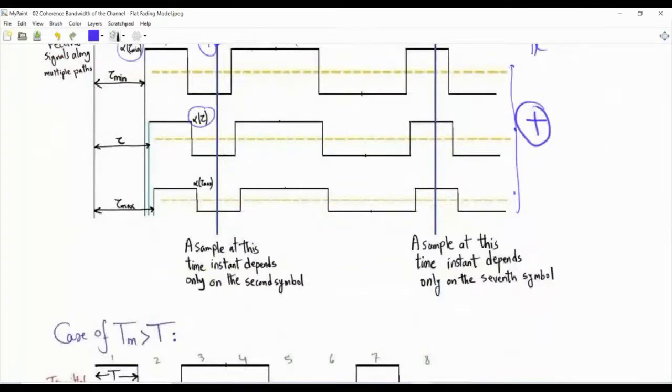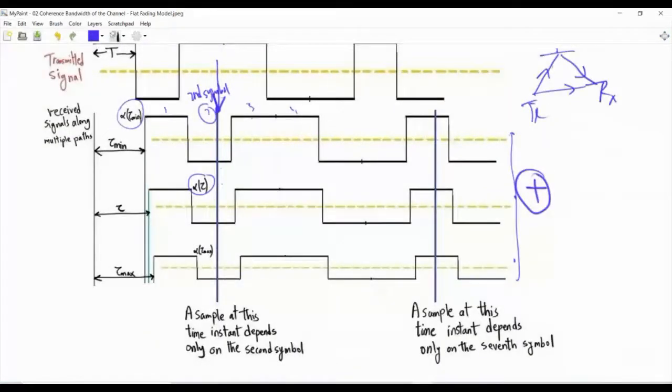Those waveforms are offset with respect to one another, but the shifts are small relative to the width of the pulse, and because of that, if you take a sample at this instant of time, it will depend on the second symbol.